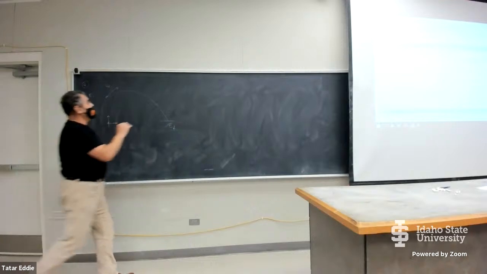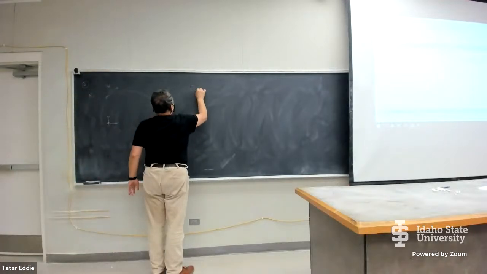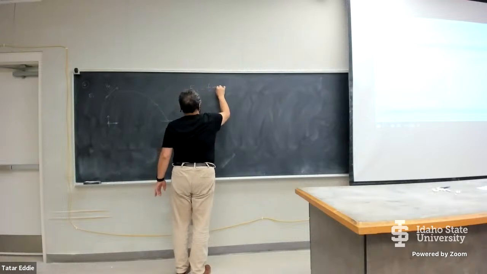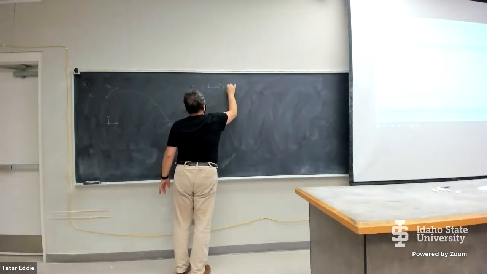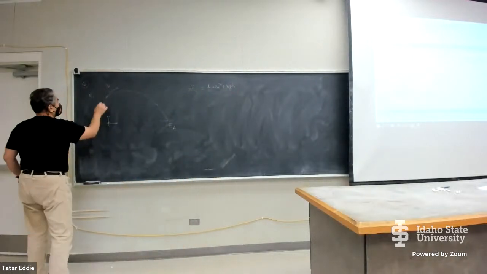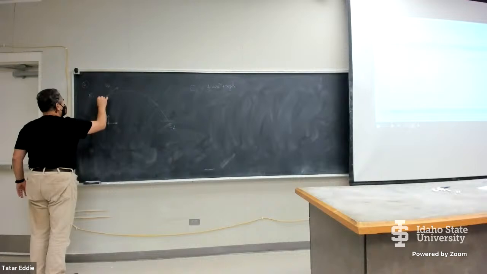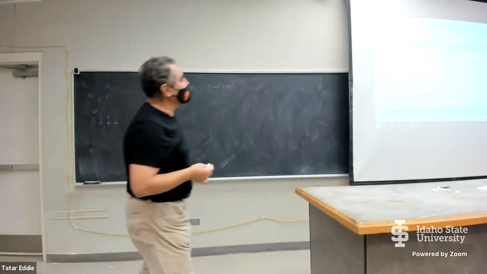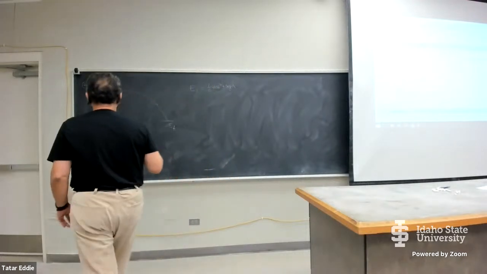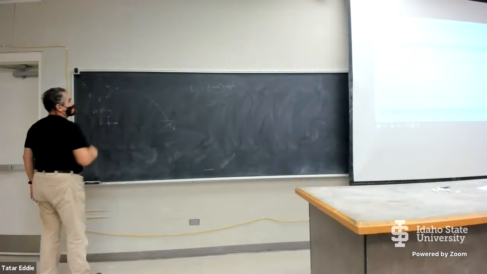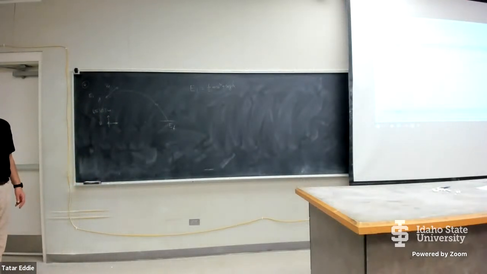The energy at the initial point is kinetic, 1/2 m v naught squared, plus potential, mgh, where h is this height, and they give that height. For me, that height is 30.5. So this is the initial energy.